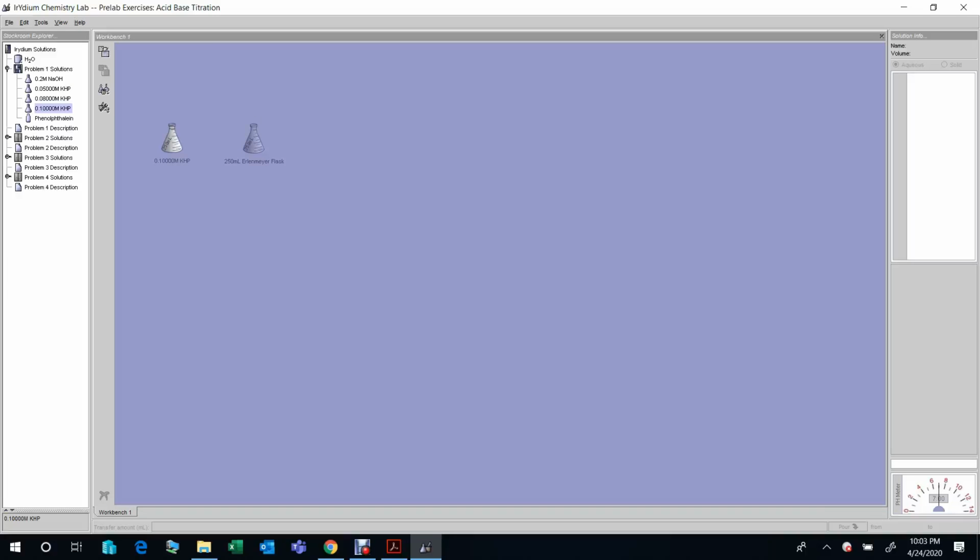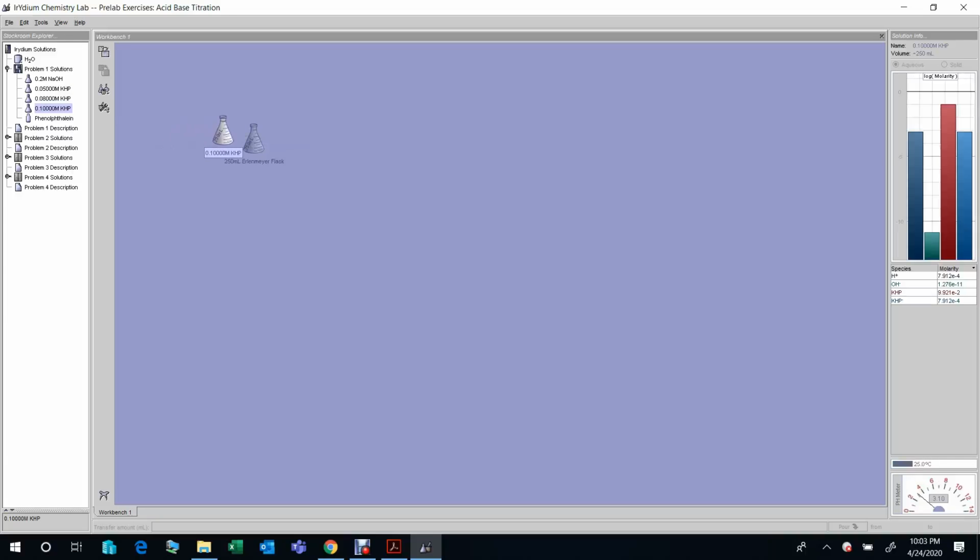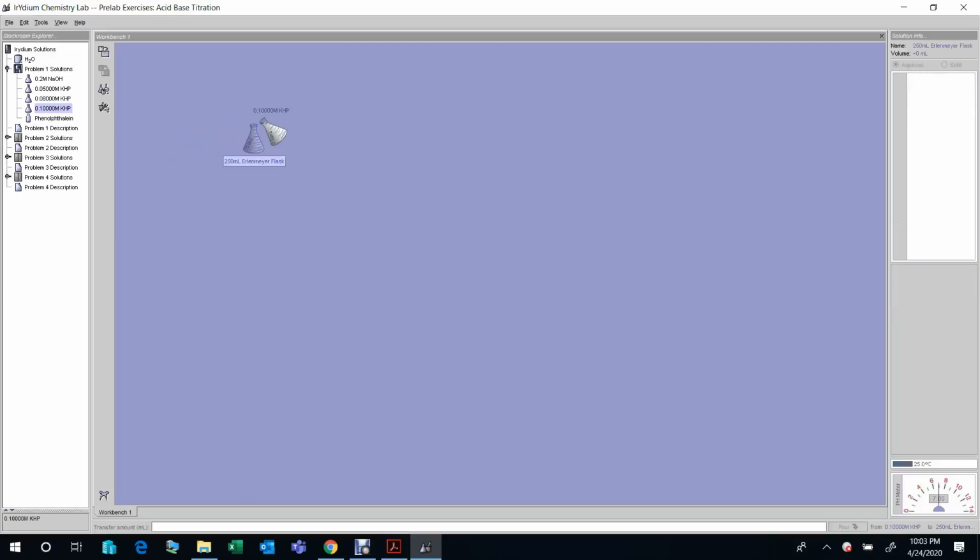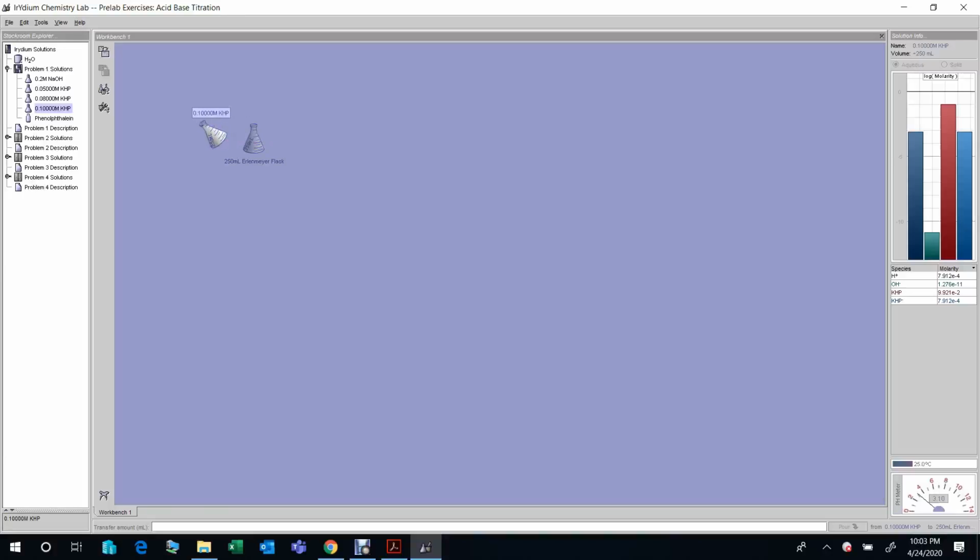Then we need to be aware we cannot just pour that. The reason is because we cannot make sure the volume is exactly 25.00 milliliter. So if we just pour this way, we may not even be able to control the volume to be 25 milliliter, let alone 25.00 milliliter. So it's very accurate, and then we cannot do that.